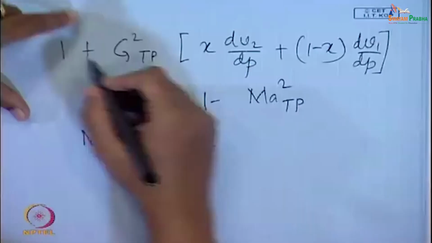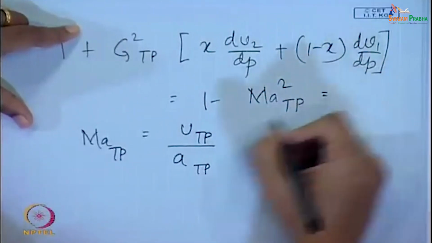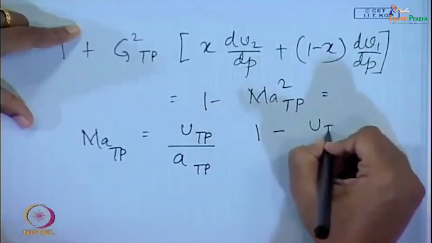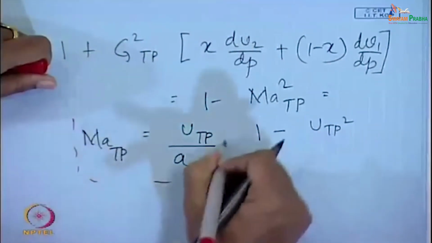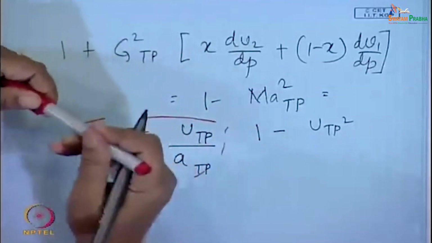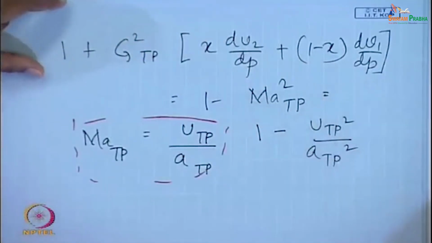So, what do we find in this particular case? We find that if this expression has to be equal to MTP, this has to be equal to 1 minus UTP square by ATP square, agreed.